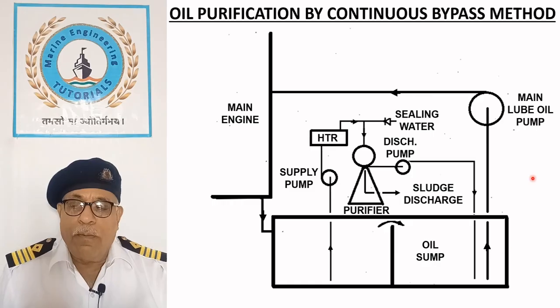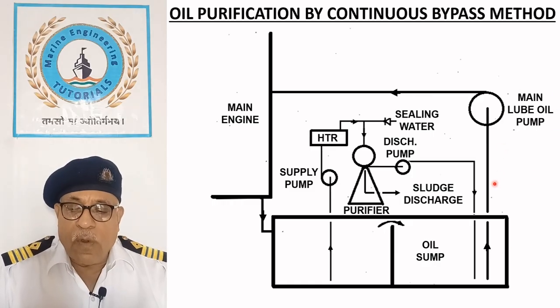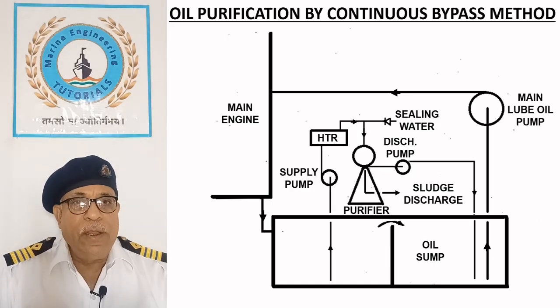The main lube oil pump takes suction from the second compartment near the clean oil outlet of the purifier. In this way, the quality of oil is maintained in a satisfactory condition.